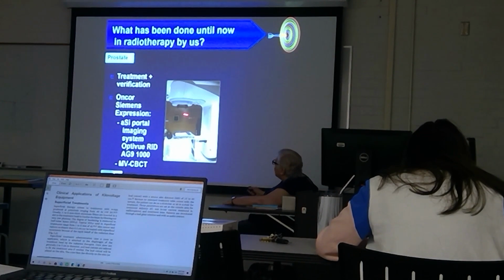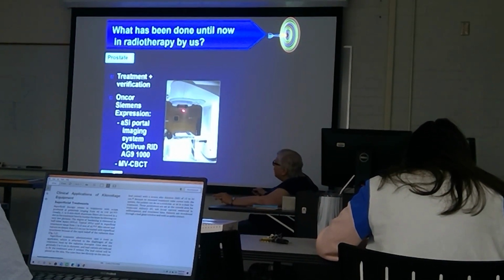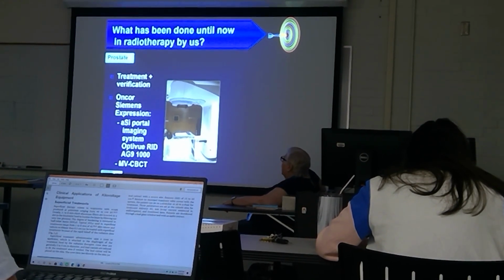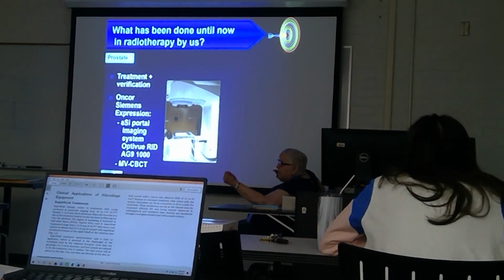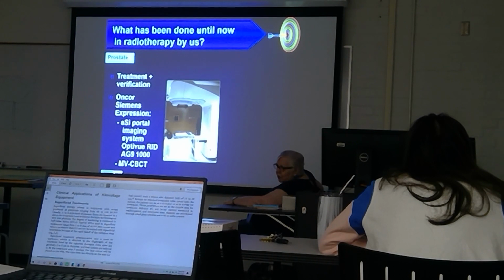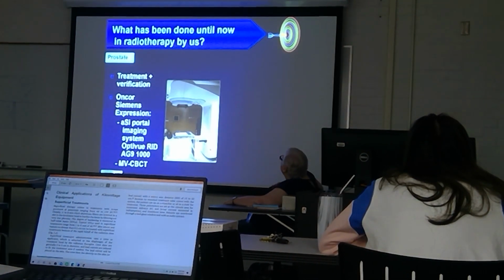The Siemens machine used to use the MV energy, whether it's 6x or 18x or whatever it is, to do the cone beam CT instead of using the KV energy. It does the same thing, just a different way of doing it.